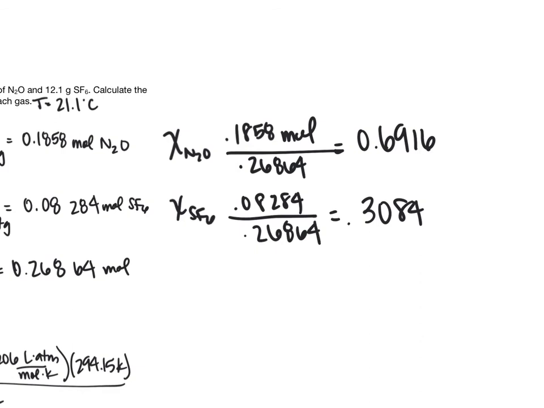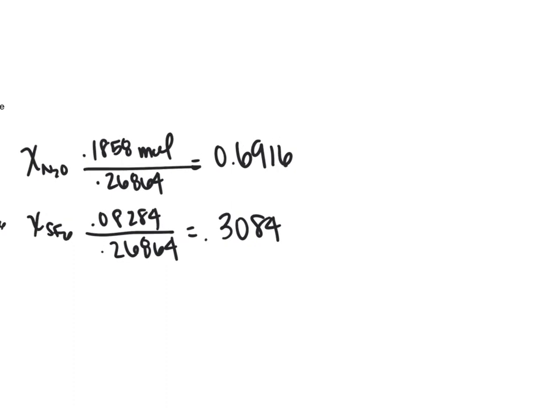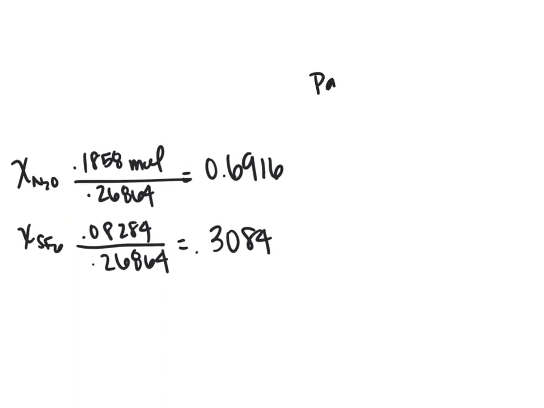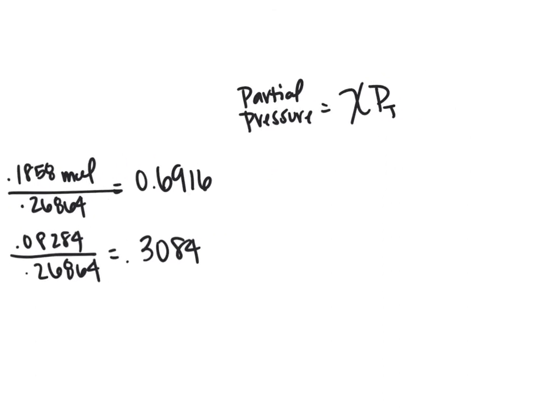So now, in order to determine the partial pressures, the partial pressure is equal to the mole fraction times P total. So the pressure of N2O in this case is going to be 0.6916, which is the mole fraction, times 0.911 atmospheres.